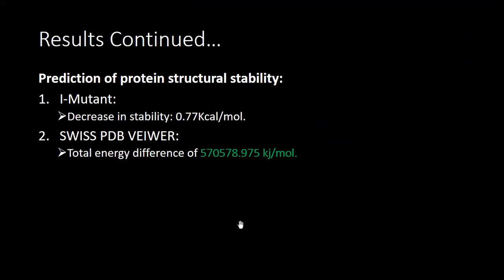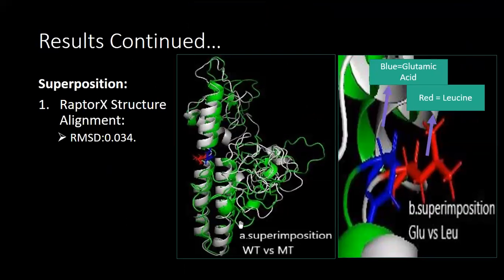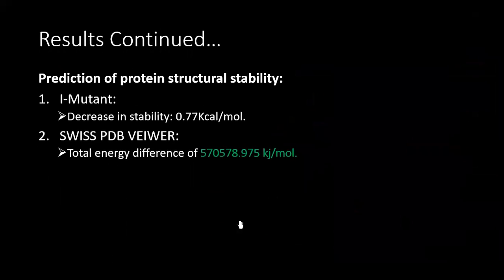And also we calculated the RMSD value, which is 0.034. It is not especially good. And also prediction of protein structure stability. I did protein structure stability with I-Mutant and CUPSAT behavior. The difference is very high. There is also a decrease in stability, which is 0.7 kilocalorie per mole.